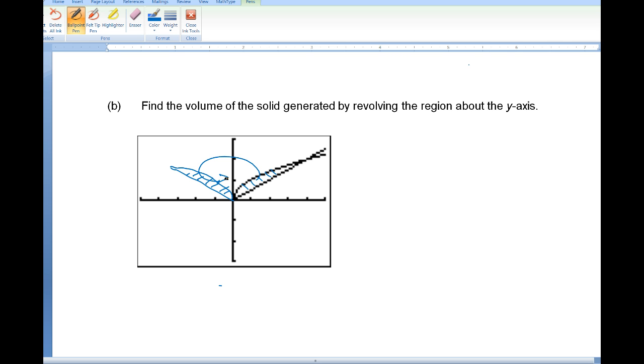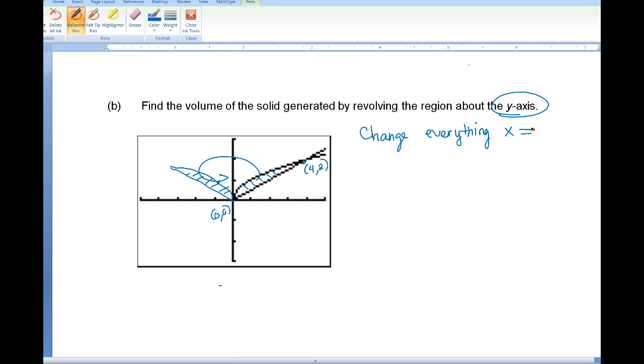So what's this going to look like now? Remember, this was 0, 0, and this was 4, 2. So we need to change everything to x equals. Remember how it was y equals the square root of x?